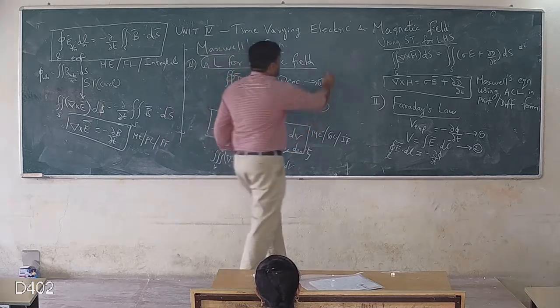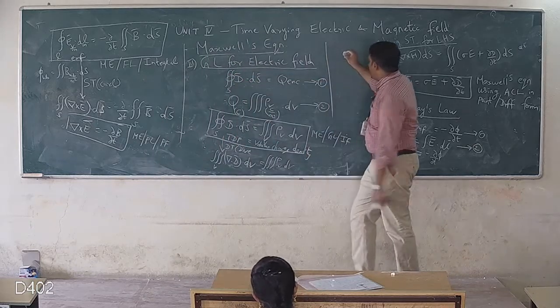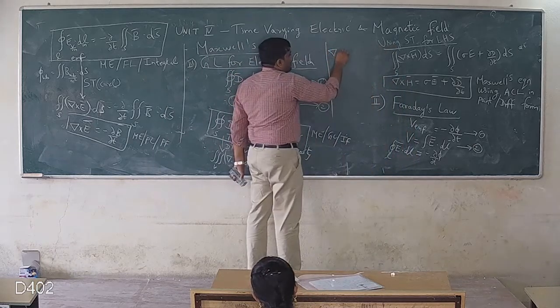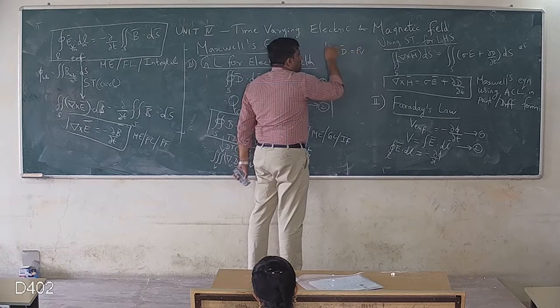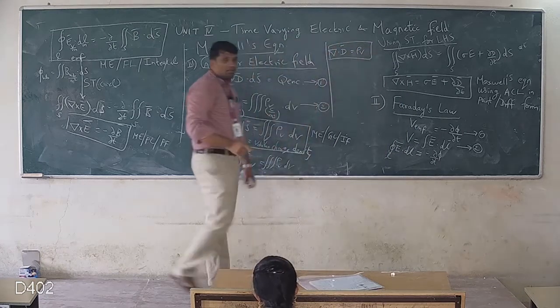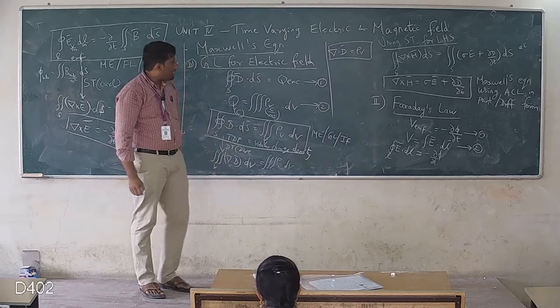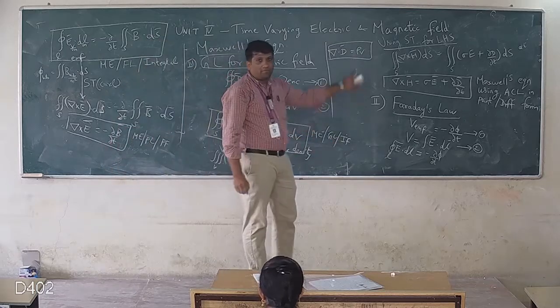Equating both sides, I will get del dot D vector is equal to rho v, which is again Maxwell's third equation using Gauss law in point form.